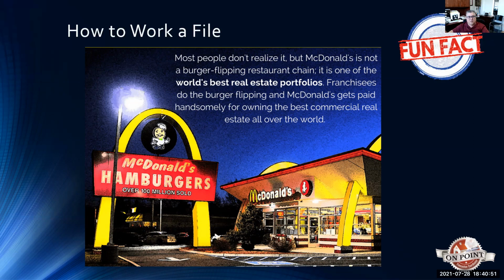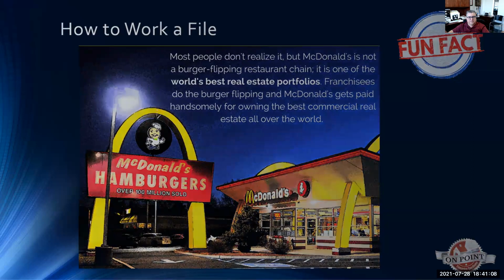Because it's all over the world, you can imagine why they say that it's the world's best real estate portfolio. That's McDonald's trick, if you will, as to one of the reasons why they've been so successful in that chain.